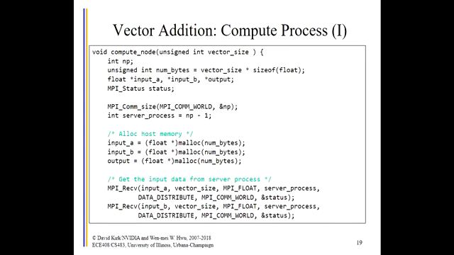But remember, MPI does not have the host code, so every node has to be able to allocate memory for itself. So this is the allocation of the section, and then you get the input data from the server process. You would do MPI receive A, MPI receive B, to receive the section that's shipped to you from the data server.